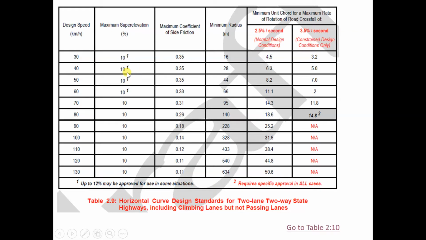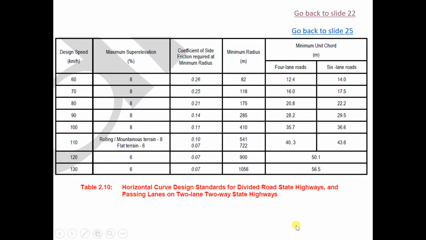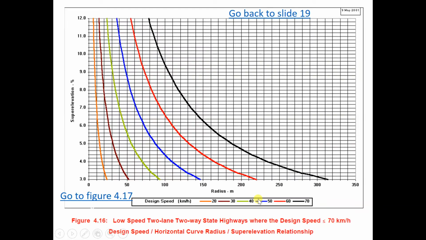The minimum, let me see. The minimum super elevation is 3%. In this chart the maximum goes up to 12%.